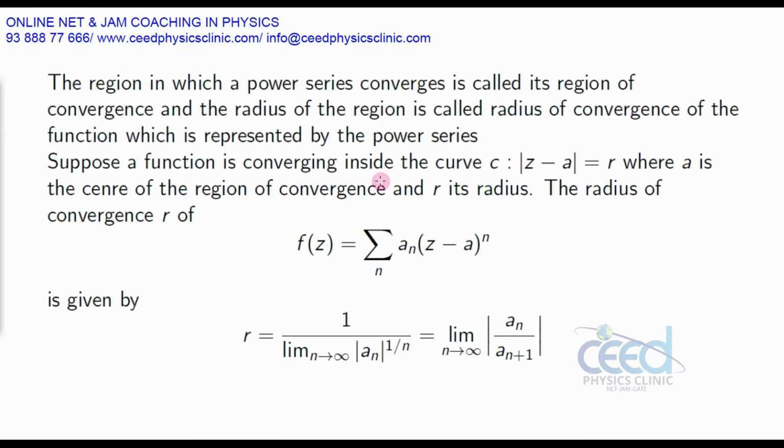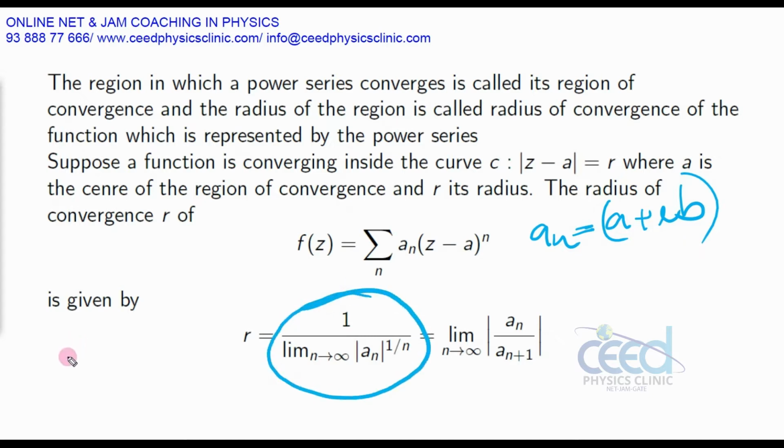Now if the complex function is given in some other format, like a plus ib format, then we can represent the radius of convergence using this formula, that is 1 divided by limit as n tends to infinity of mod a n raised to 1 by n.